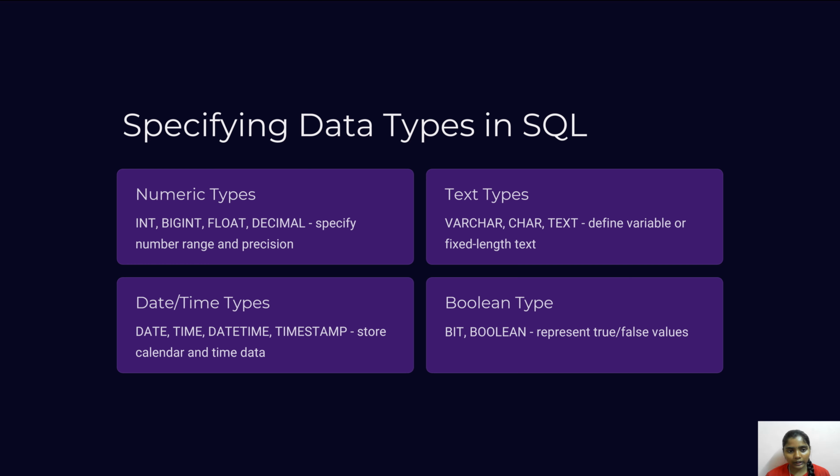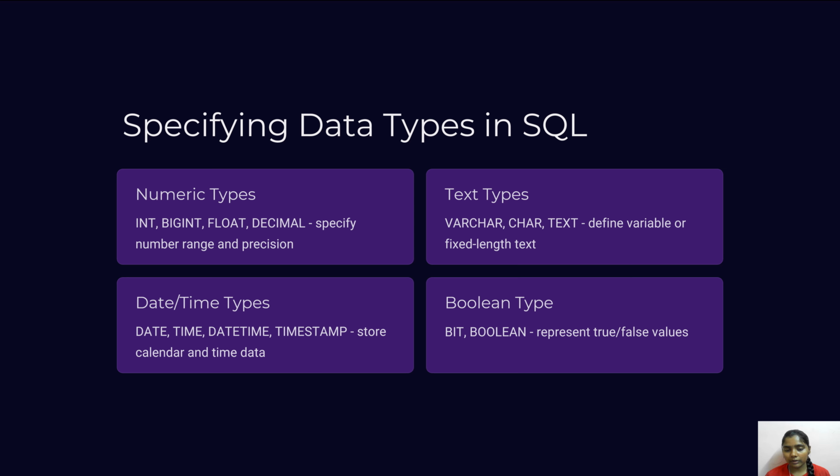The first one is numerical type, the second one is text type, the third one is date or time type, and the last one is boolean type. Numerical types: int, bigint, float, decimal specify number range and precision.